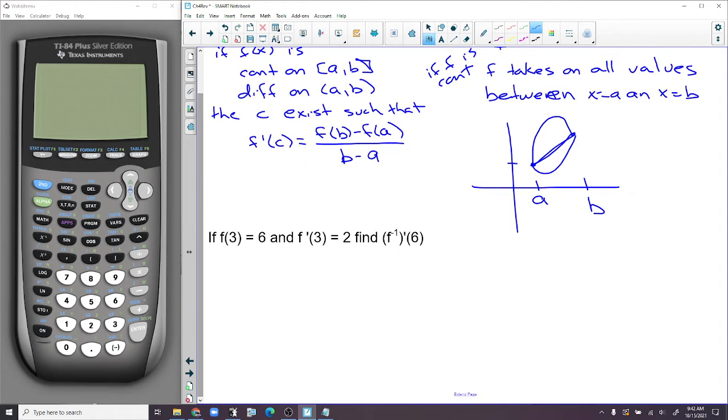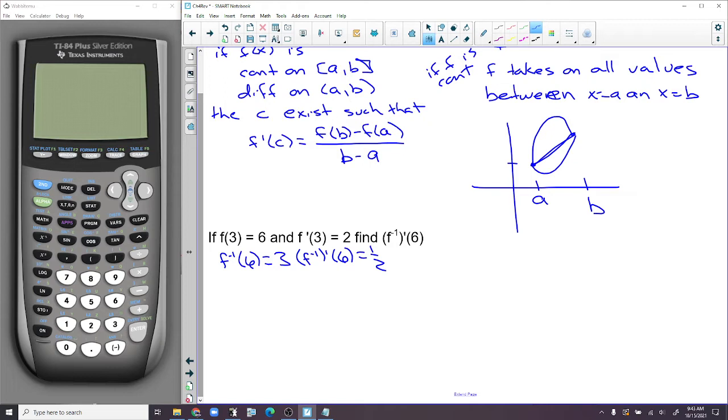If f of 3 is 6 and f prime of 3 is 2, find f inverse prime of 6. So if f of 3 is 6, then f inverse of 6 is 3. That's inverses. How do you find inverses? You switch the x's and the y's. Now, if f prime of 3 is 2, at the corresponding value, f inverse prime of 6 is equal to 1/2.